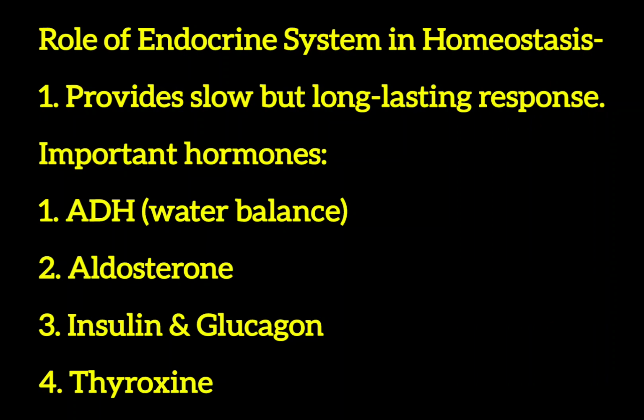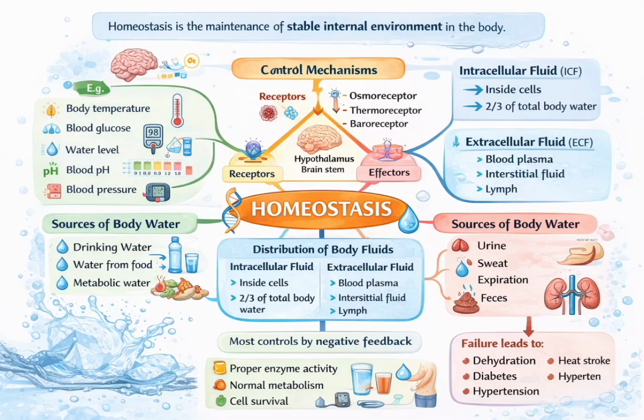Let's discuss the negative feedback mechanism. If the body temperature is increasing, then we sweat. Why do we sweat? To maintain the body temperature. Now let's discuss the significance of homeostasis. We know that homeostasis controls our body, but what if it fails?